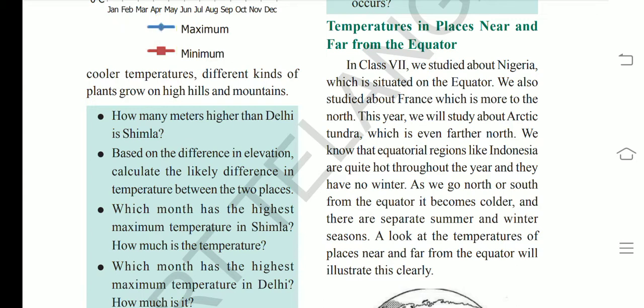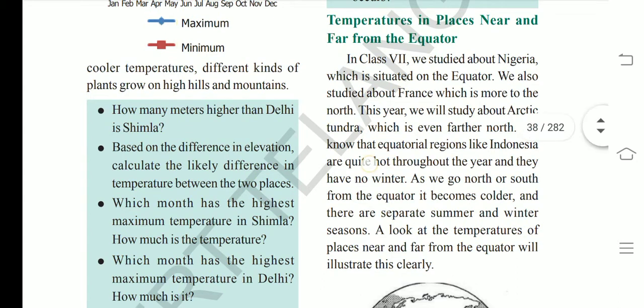In seventh class, you have studied Nigeria, an African country that is near to the equator, and you also studied about France, which is somewhat north of that.